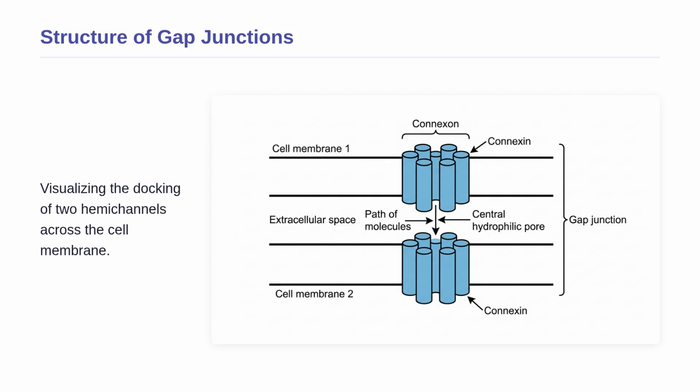You can clearly see how the top half, the connexon from cell 1, perfectly aligns and docks with the bottom half from cell 2. Look closely at the cylinders themselves. They are made of 6 individual pillar-like proteins, the connexins. The arrow passing straight through the middle represents the hydrophilic pore where molecules travel.